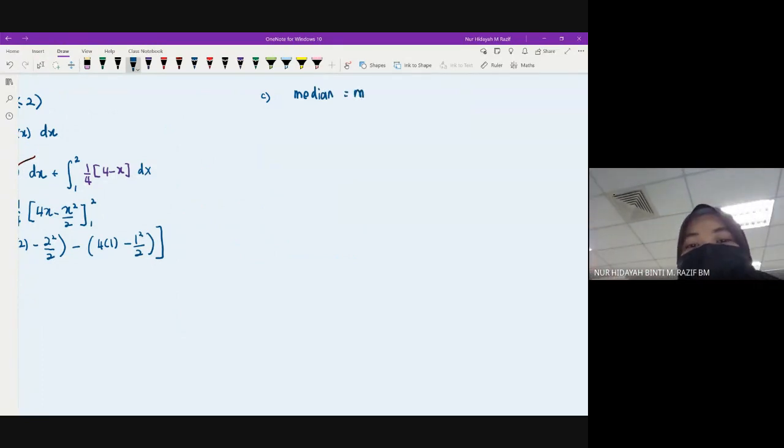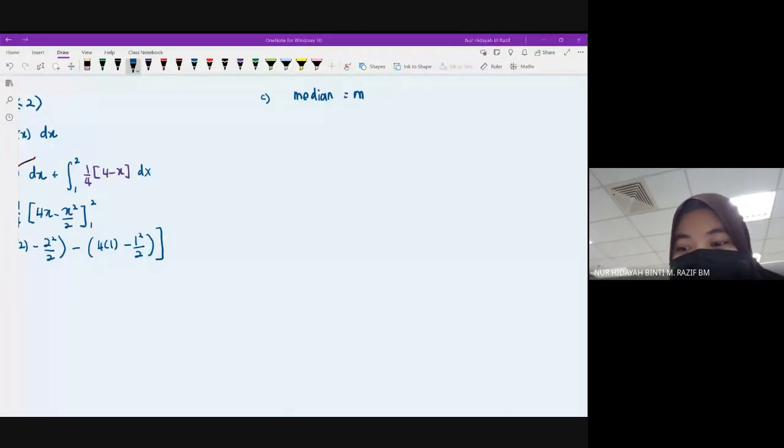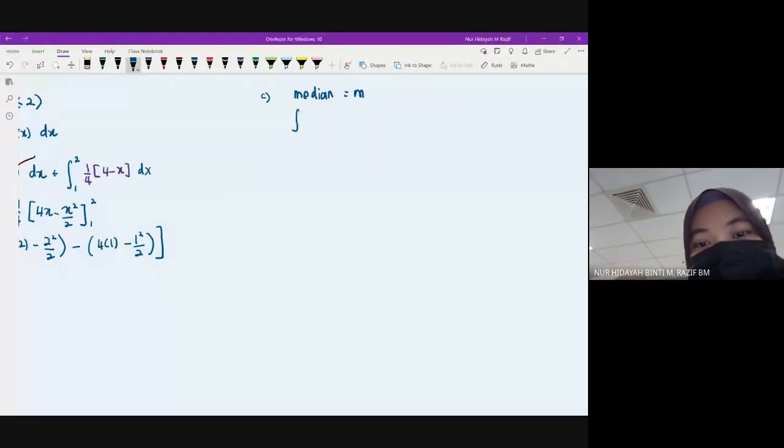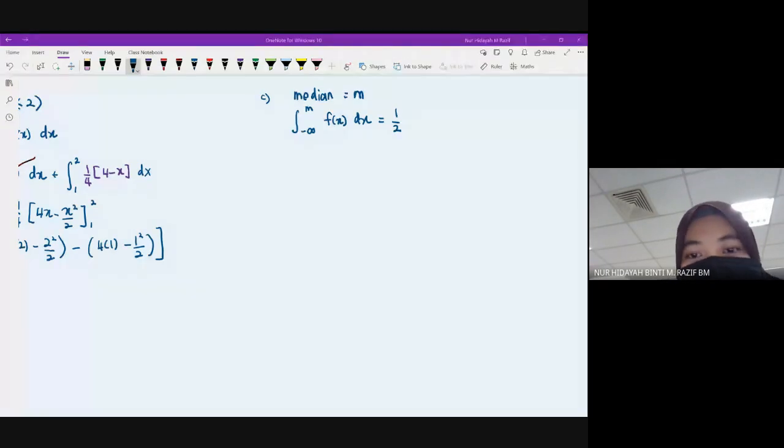Okay, so bila median adalah M, ingat balik yang diberi dalam nota tadi. Yang mana kita tahu integral from negative infinity to m of your fx dx should give you nilai exactly 1 over 2 ataupun 0.5.